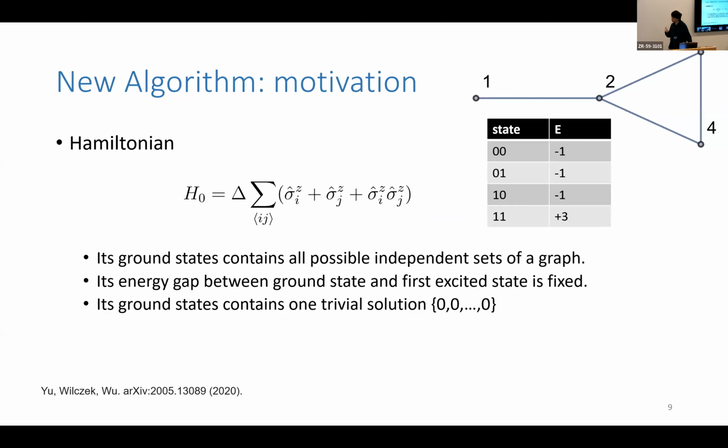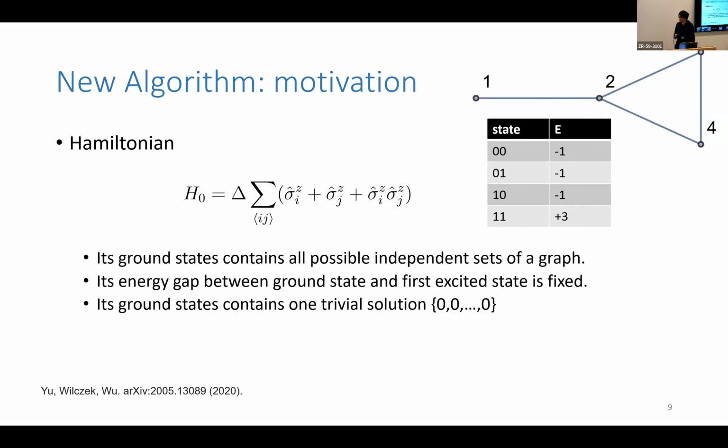Similar to the previous algorithm, we also propose a new algorithm from a different perspective, but also based on adiabatic evolution. The idea is that we first consider a fixed, static Hamiltonian, which looks like this. The construction is very simple. Whenever there is an edge, the state's energy will be raised by a constant value.